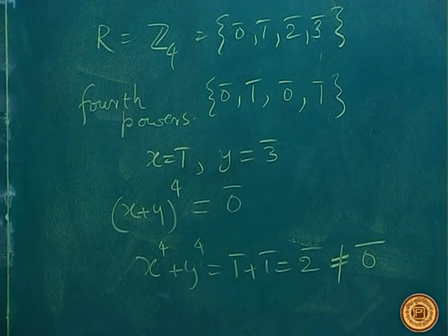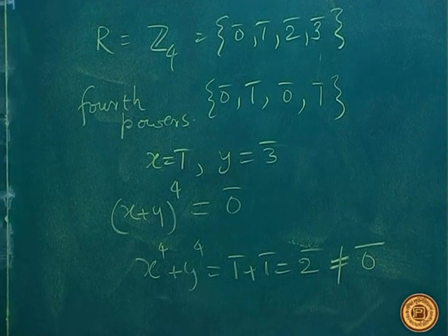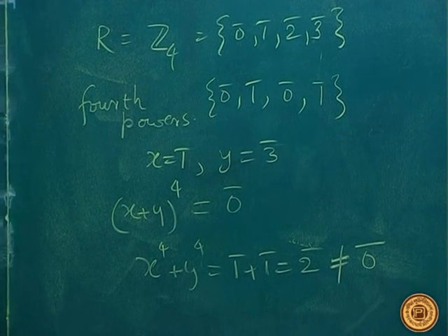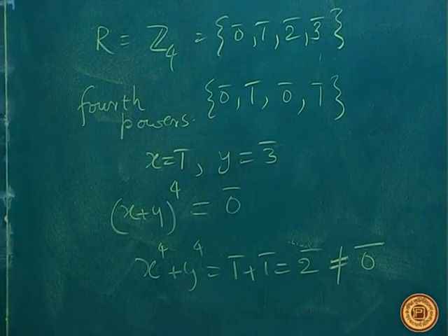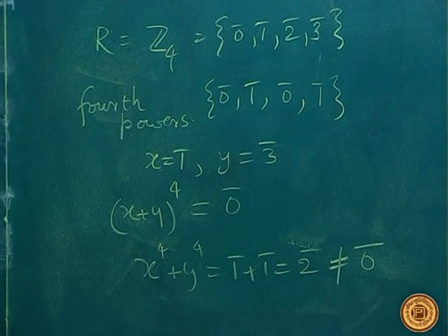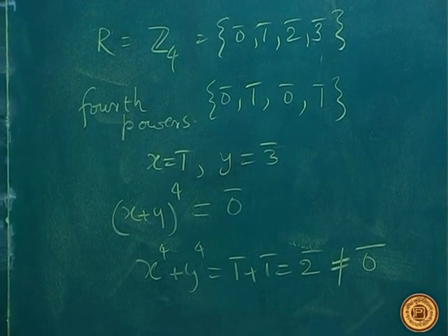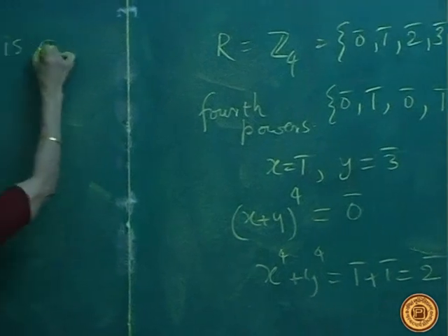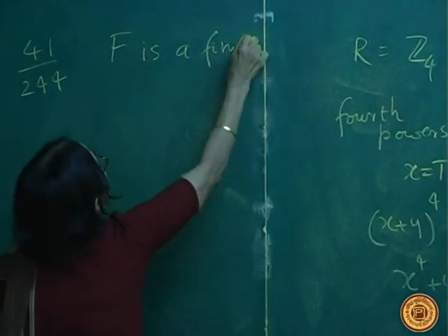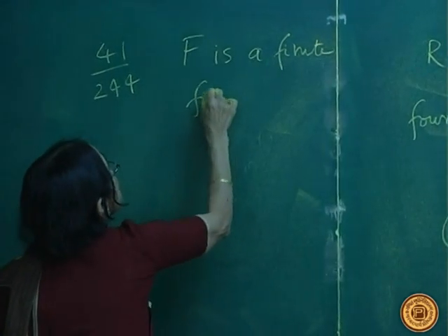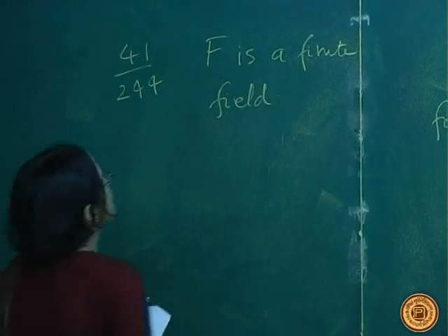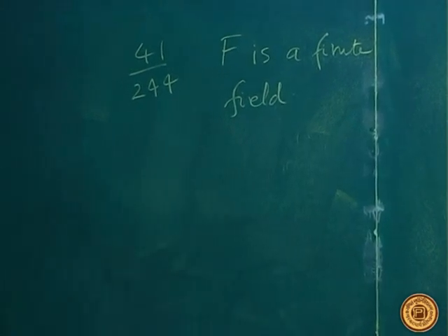Okay, let us go back to this 41. I said you can do it, you can certainly do that, but there are a few more things which have to be considered. F is a finite field. I will only indicate, but you will have to revise your theory of groups here.